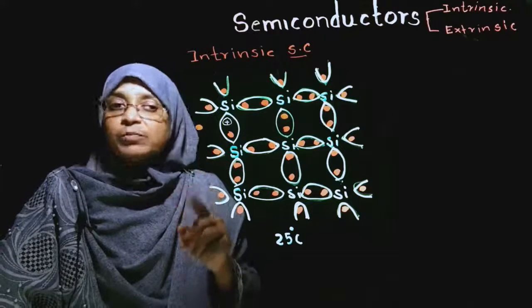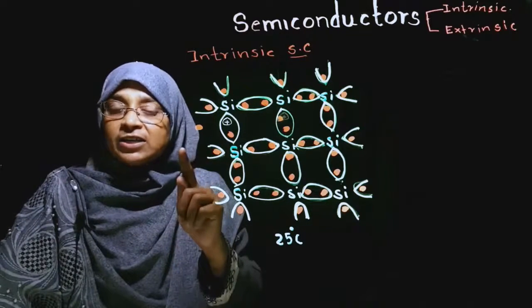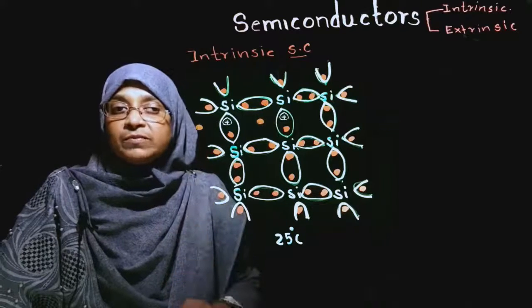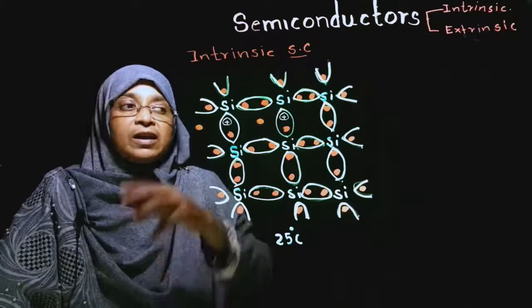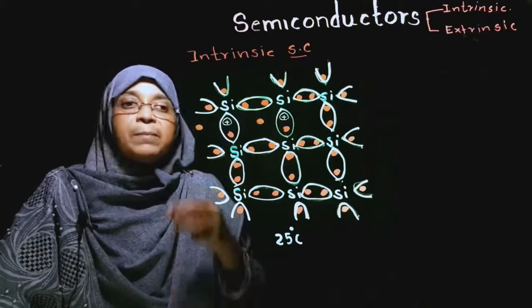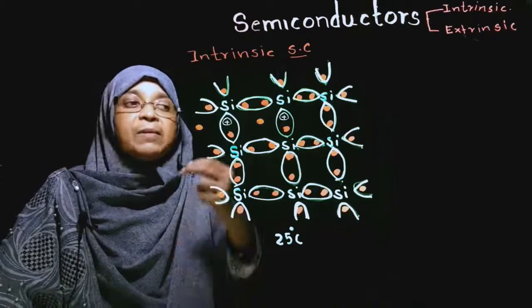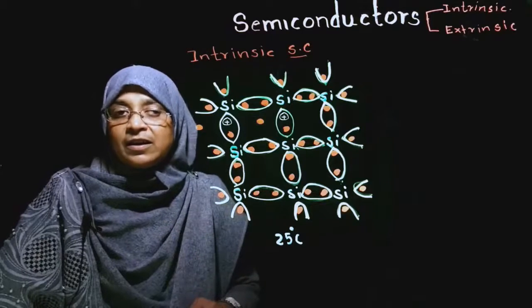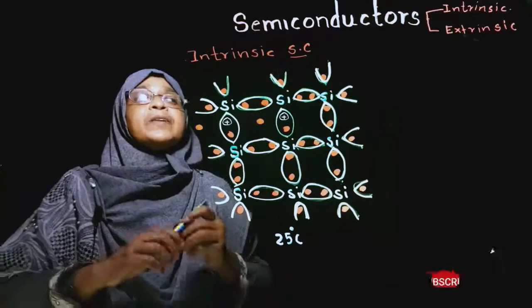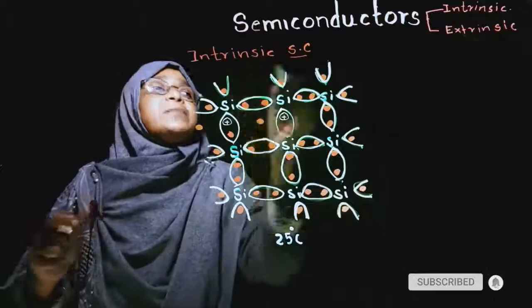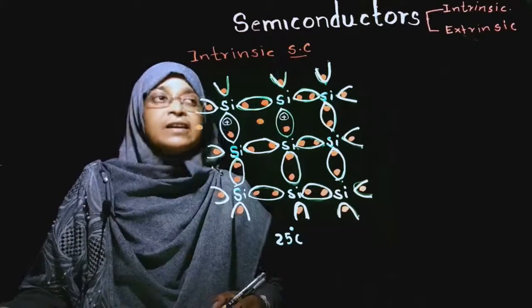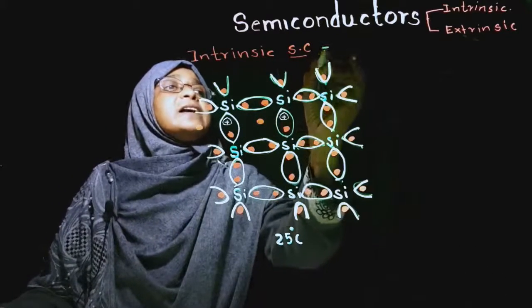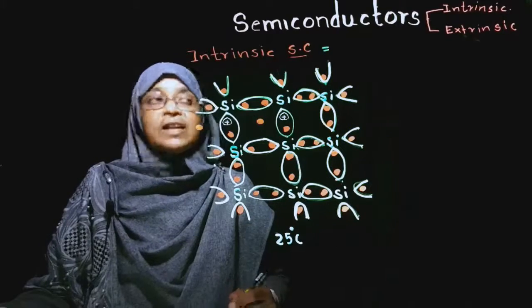When a bond breaks, a free electron and a hole form. So, in this lattice, the number of holes and the number of free electrons are equal. So, we can say this intrinsic semiconductor is electrically neutral.